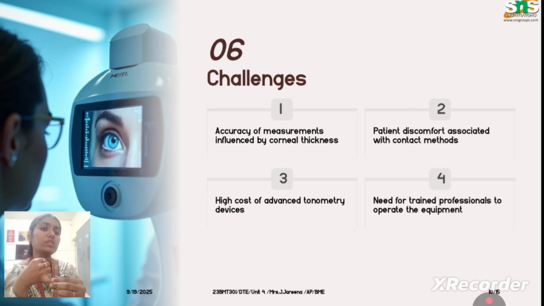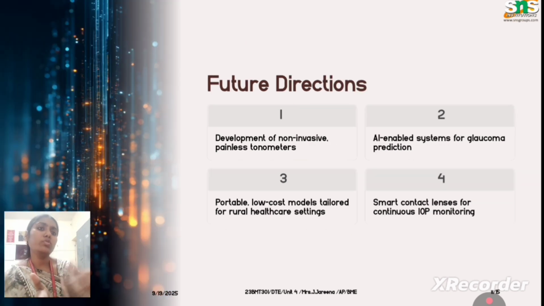Second, the patient may not feel comfortable with some types, like the contact methods, where we have to make direct contact with the cornea. Third, some advanced methods are not affordable, and trained professionals are needed to operate this equipment. Normal people will not use these tonometers; only trained professionals are needed.